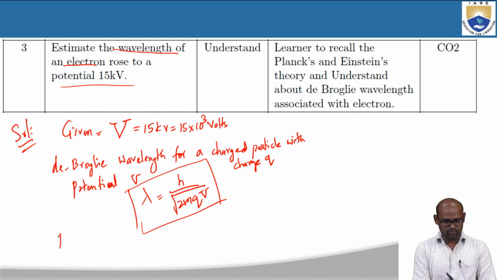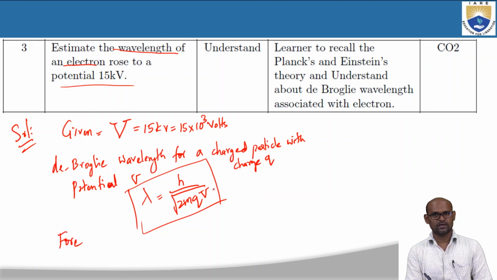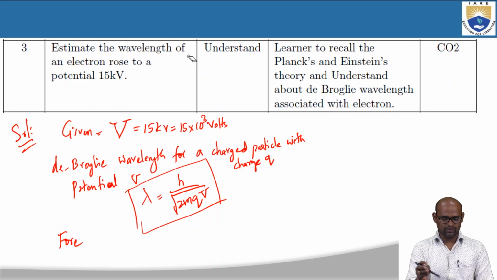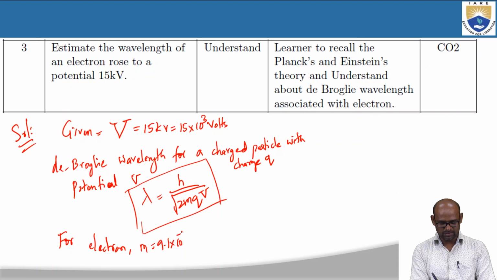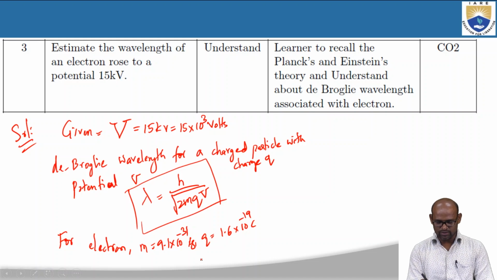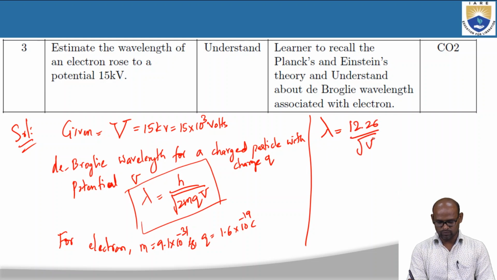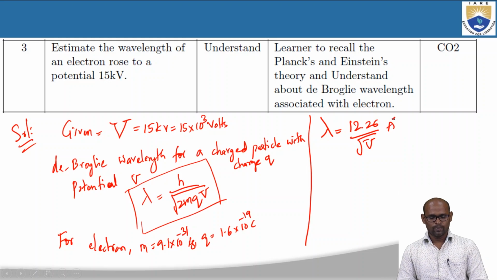This formula is for a charged particle, but for an electron, if you substitute the values, electron mass is 9.1 × 10^-31 kg and charge is 1.6 × 10^-19 coulombs, we will find that the de Broglie wavelength lambda is 12.26 divided by square root of V angstroms, where V is the potential. This is the de Broglie wavelength formula for an electron.